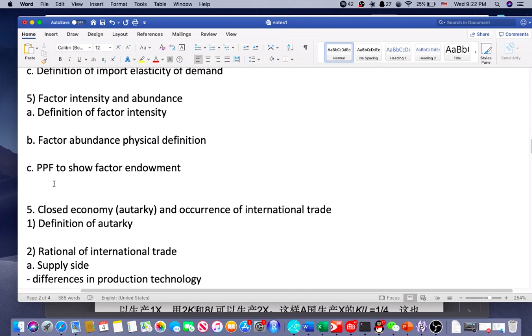In the price definition, if a country's price of capital divided by price of labor is less than B country's price of capital divided by price of labor, in this way, the A country's capital is cheaper than the B country's. That is, the A country is a capital abundant country.